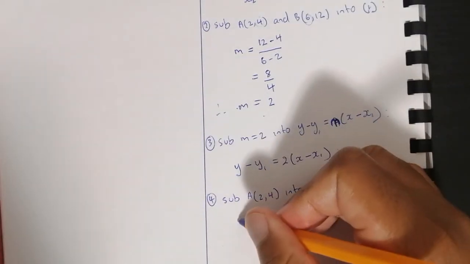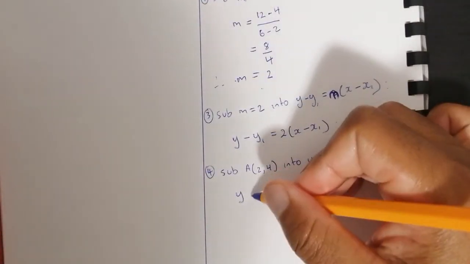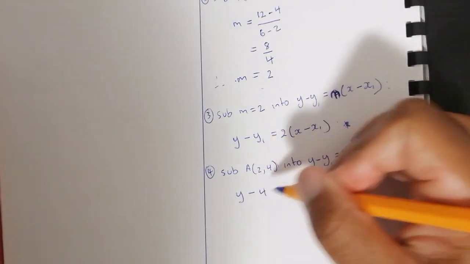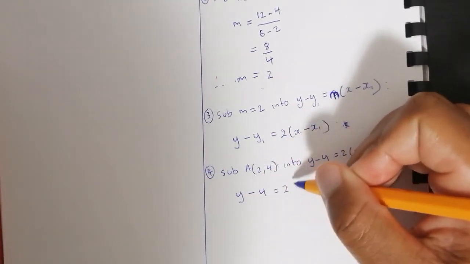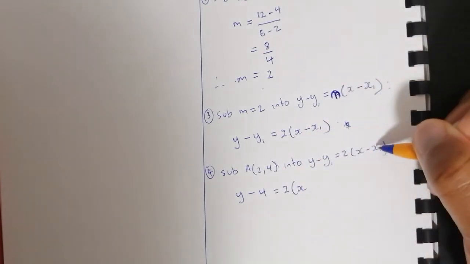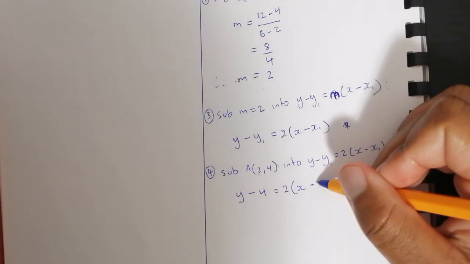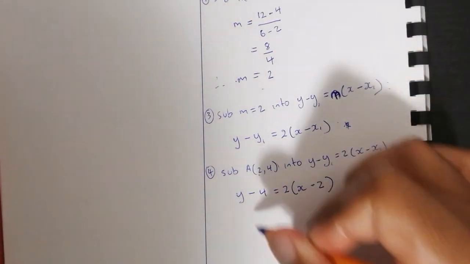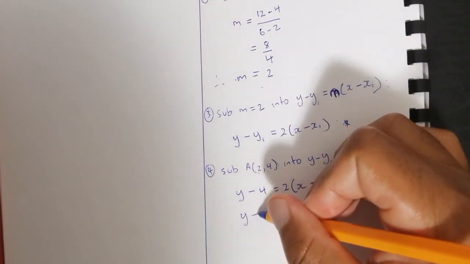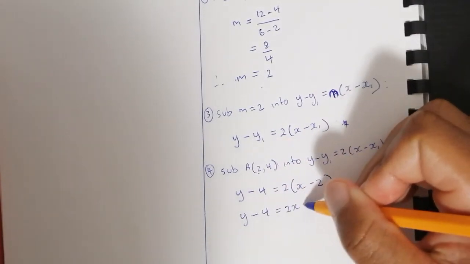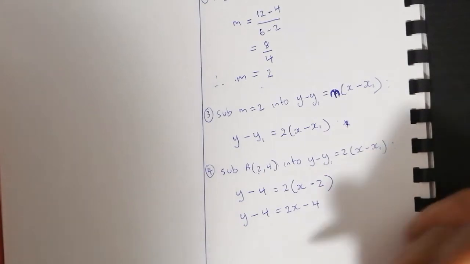And that just gives us y minus, so for y1 I'm going to substitute 4, equals 2x, and then for x1 I'm going to substitute 2 minus 2, and then we have y minus 4 equals 2x minus 4.